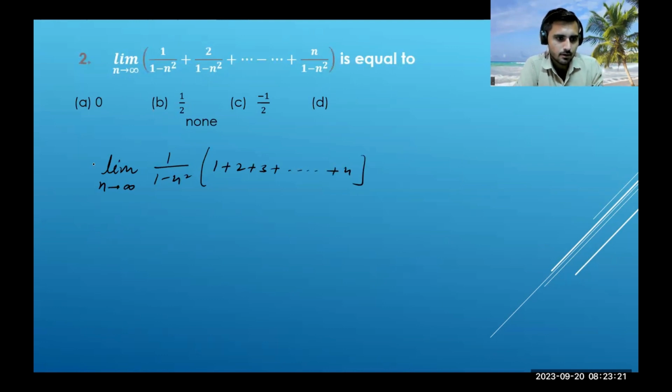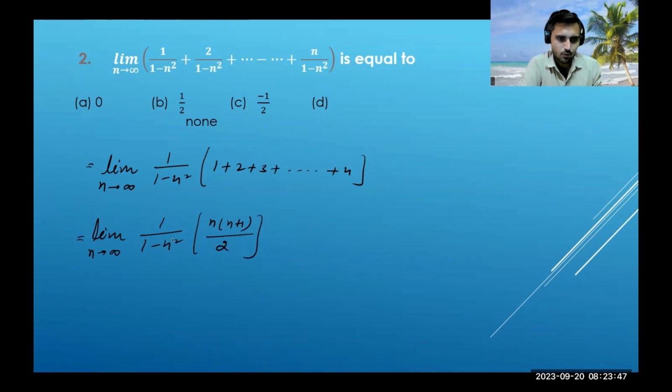So we can see here we have just counting numbers, which are called natural numbers, and we know the sum of the first n natural numbers, which is n into n plus 1 upon 2.